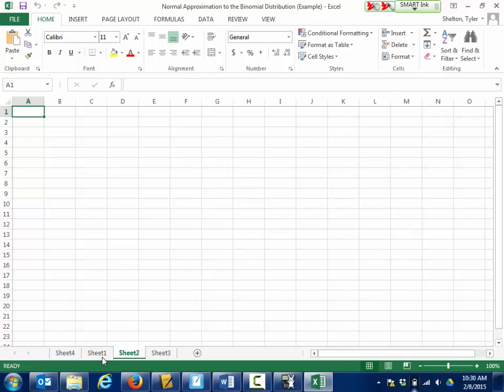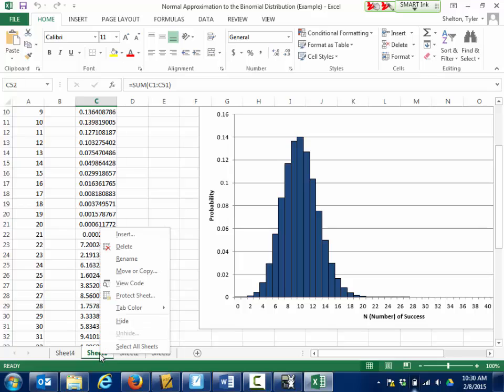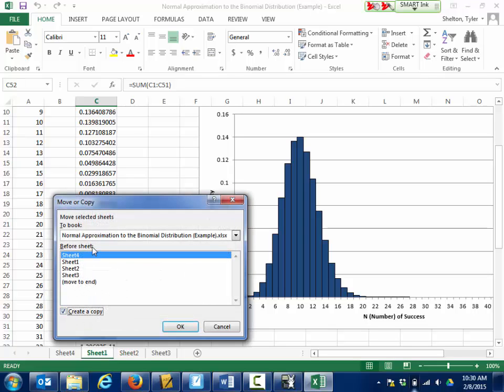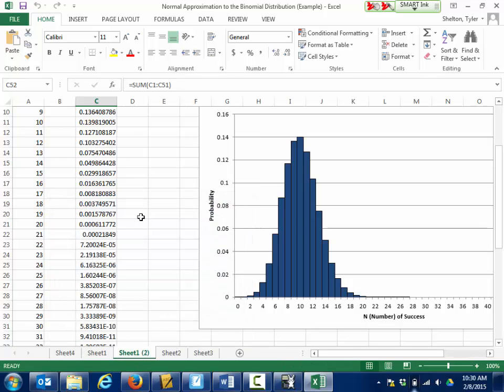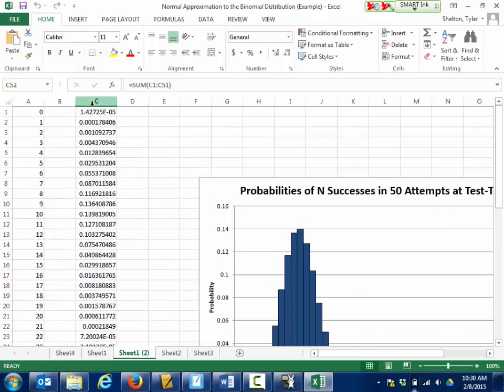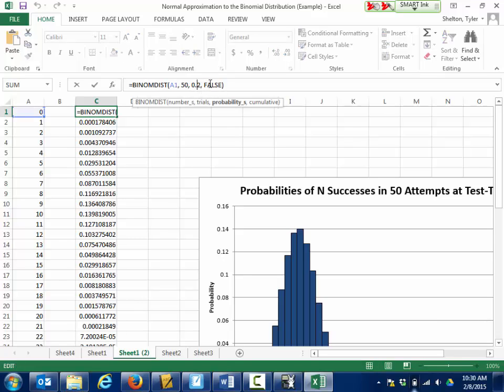Okay, so let's look at this one more time. Sheet 2 didn't copy. Oh, that's right, because it wasn't saved. So what I'm going to do here, let's take this same sheet. Let's create a copy in sheet 2. Okay, and now I'm going to change one thing.